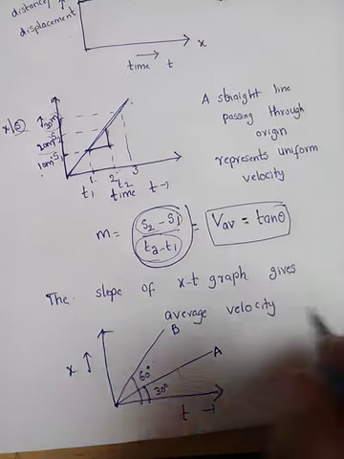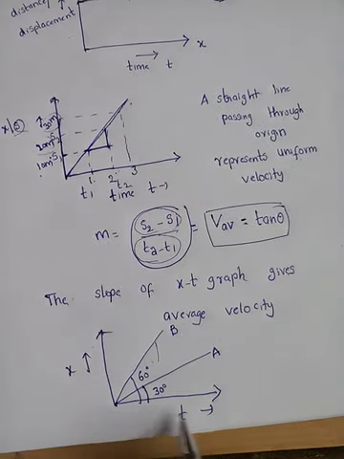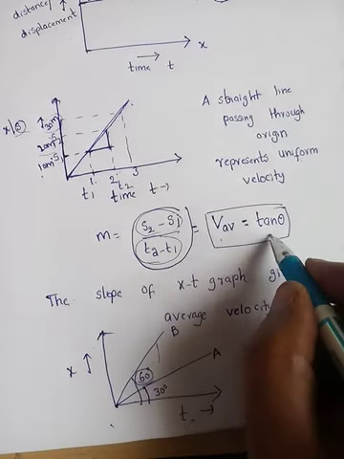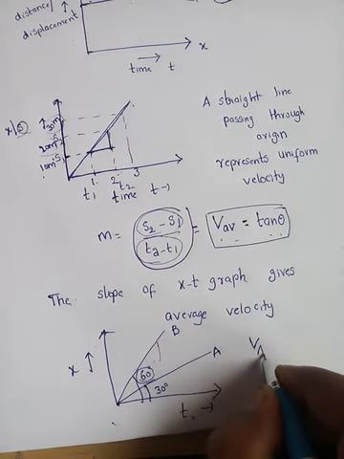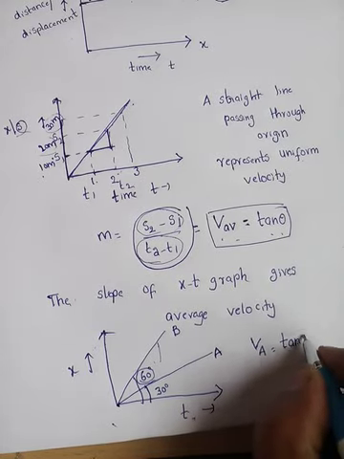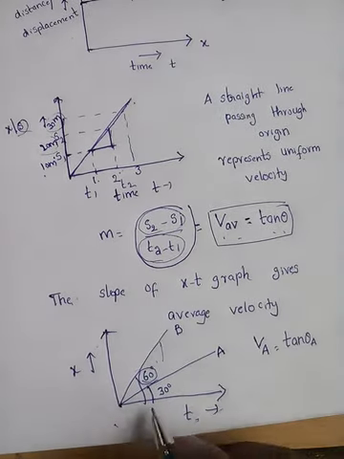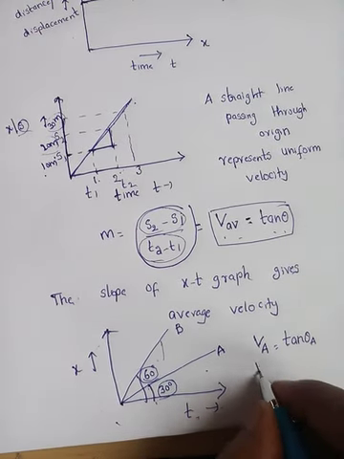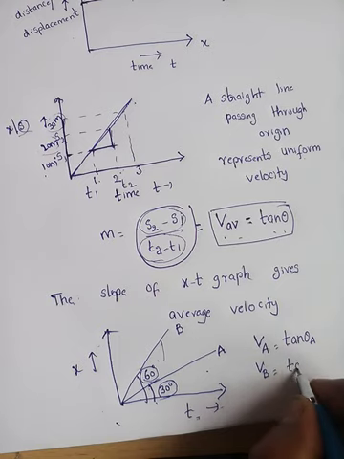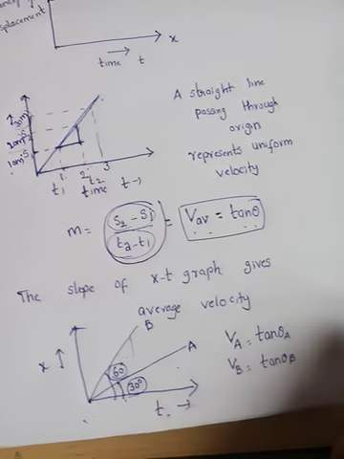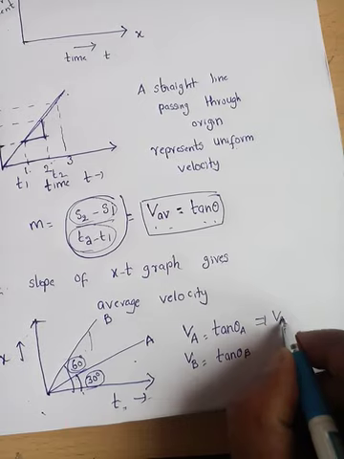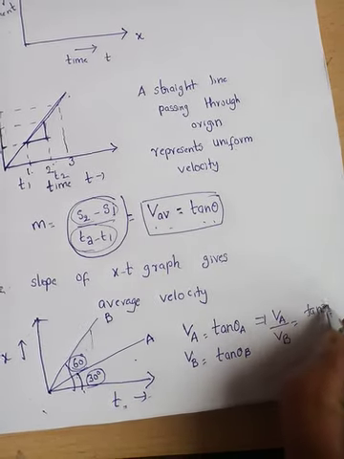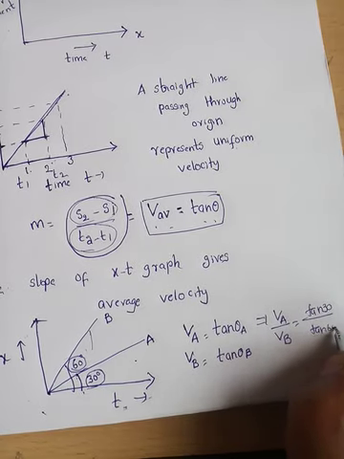How can we represent that? We have to take the slope, but they have not given the position coordinates and time coordinates. But they have given theta, right? So what is V average? Tan theta. So VA equals tan theta A, meaning the velocity of A equals tan of the angle made by this line. Velocity of B equals tan theta B. You just take the ratio VA by VB equals tan 30 by tan 60.